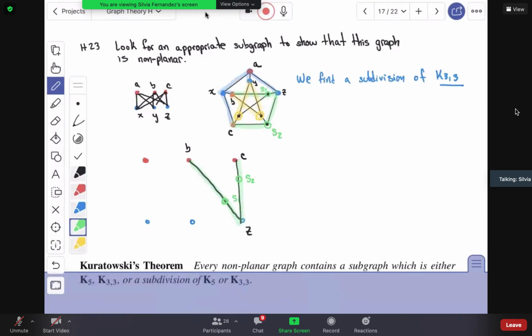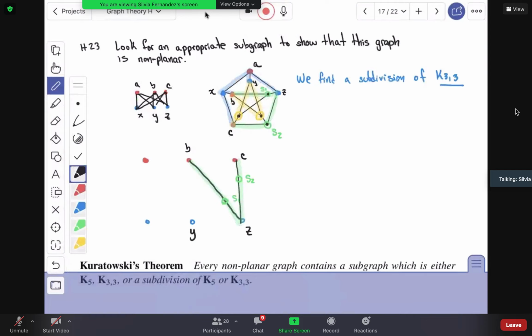So this one is S2. You see? So you don't have to do all this. I'm just trying to show you how the highlighted edges are actually making a subdivision of K33.